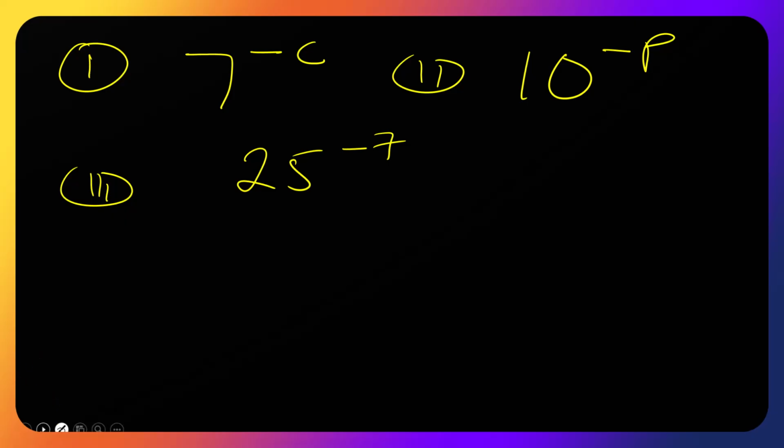Now let's talk about the power of quotient of two numbers. When you see this, these are all properties: a on b all to the power of n. So that will be a to the power of n over b to the power of n.